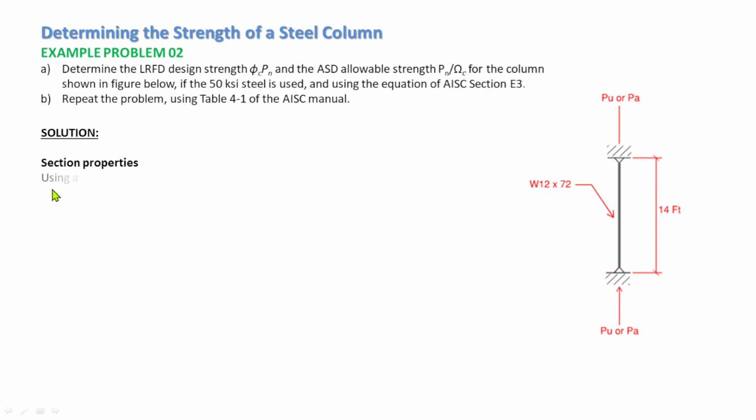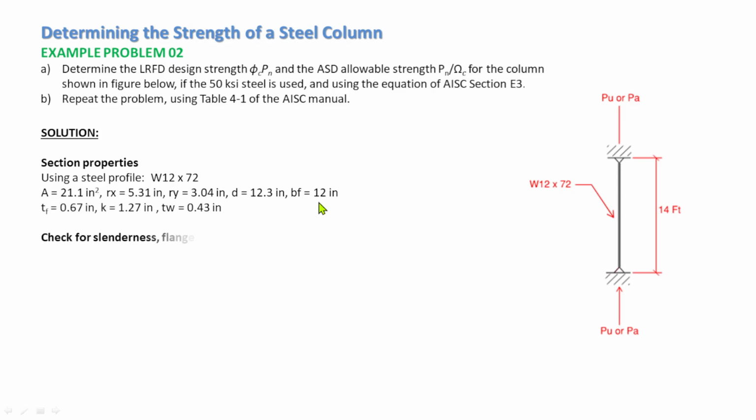Here we have the section properties of the W12x72 steel profile: the area, the radius of gyration, both rx and ry, the depth, the flange width, the flange thickness, and the web thickness.